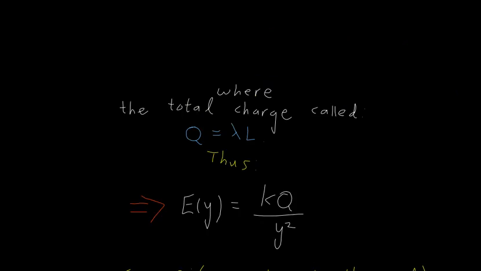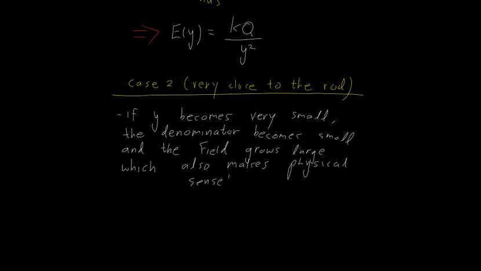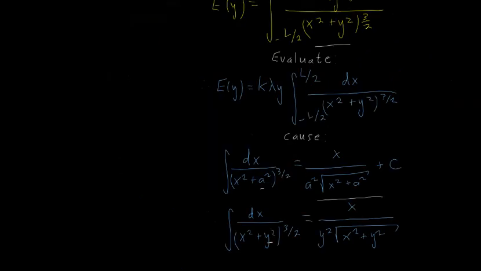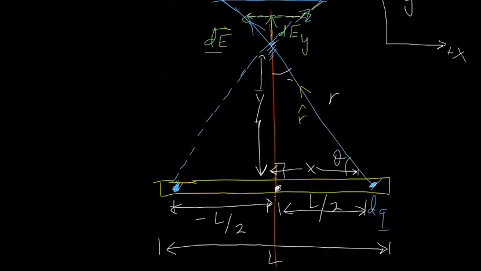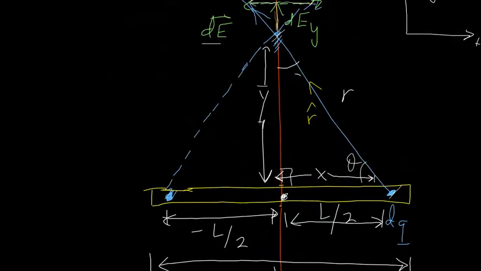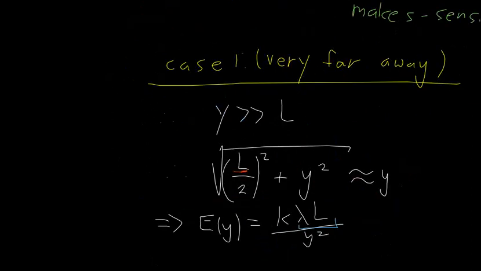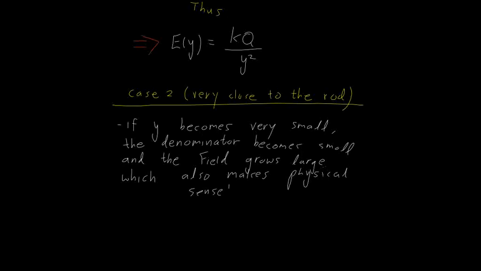Okay. Now there's case 2. This is when we're very close to the rod. So let's go back to the rod. Okay, so as I said here, we want to get very close.